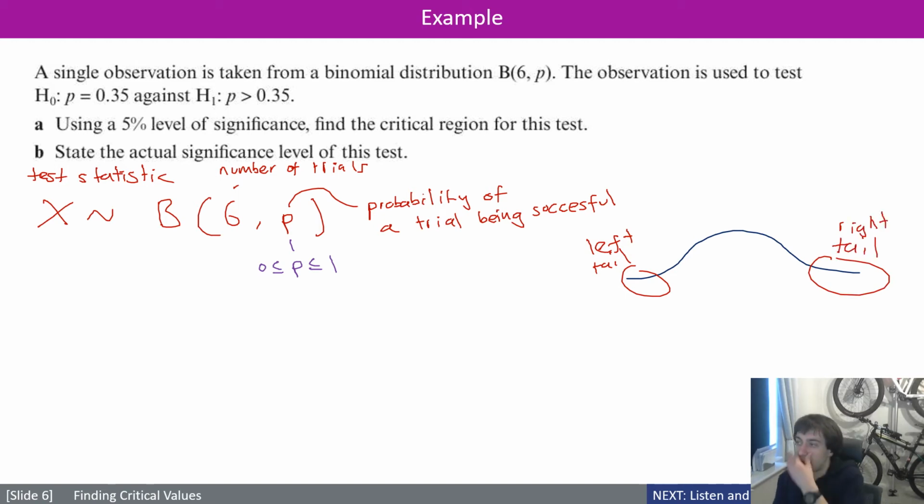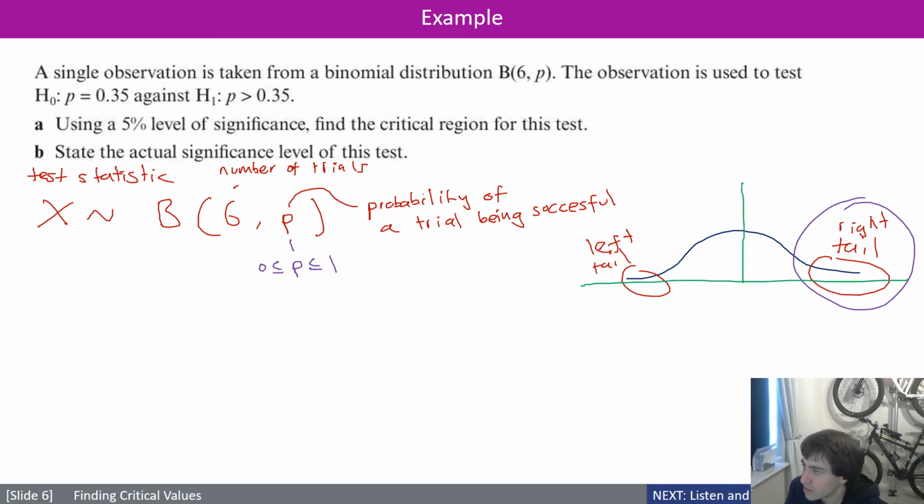Okay, and what we're being asked to do is find the critical region, in this case because it's greater than, and we can justify why this is the case, but let's just remember it as a rule. If it's greater than, we're talking right tail. If it's less than, we're talking left tail. So in this case, right tail, yeah? So we're looking at the right tail, and we want to find the specific value on the x-axis, c, which is our critical value, that corresponds to the correct level of significance, 5%.